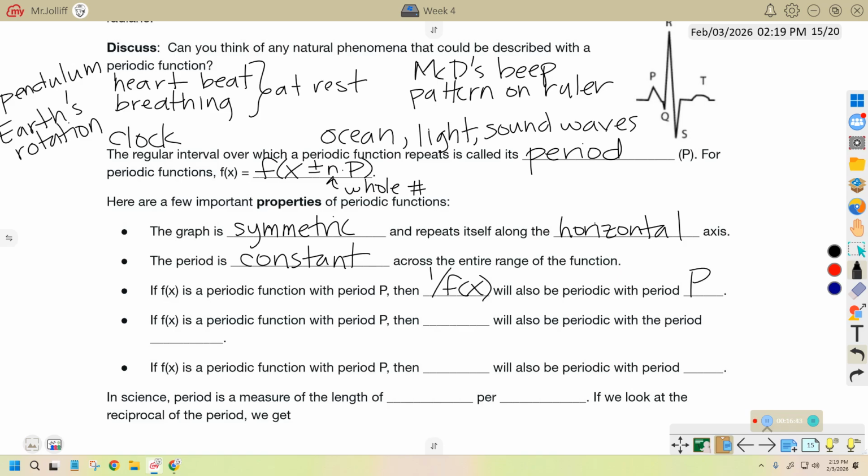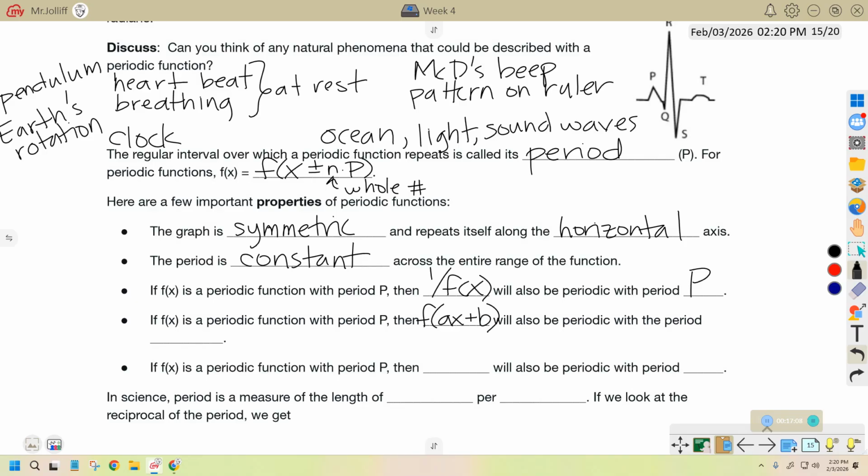I can do horizontal transformations, meaning I can stretch and compress sideways. I can pick up the graph and slide it sideways and produce another periodic function. So that would look like f of ax plus b.